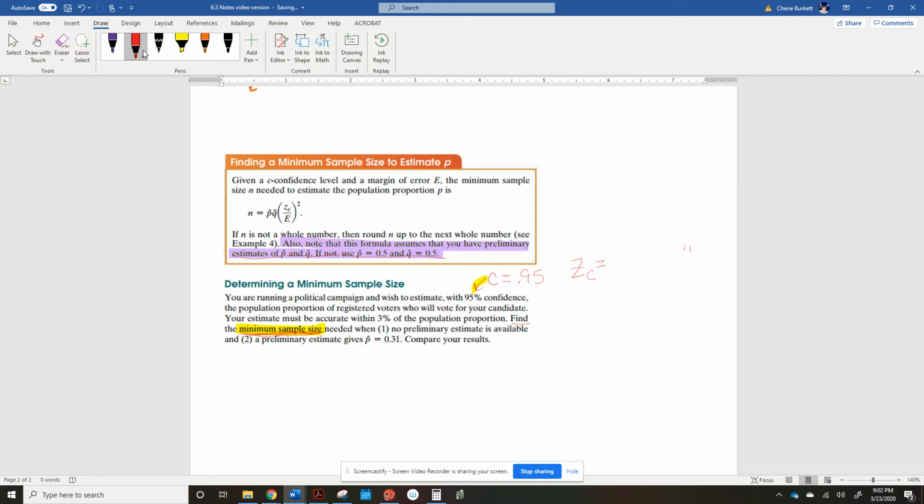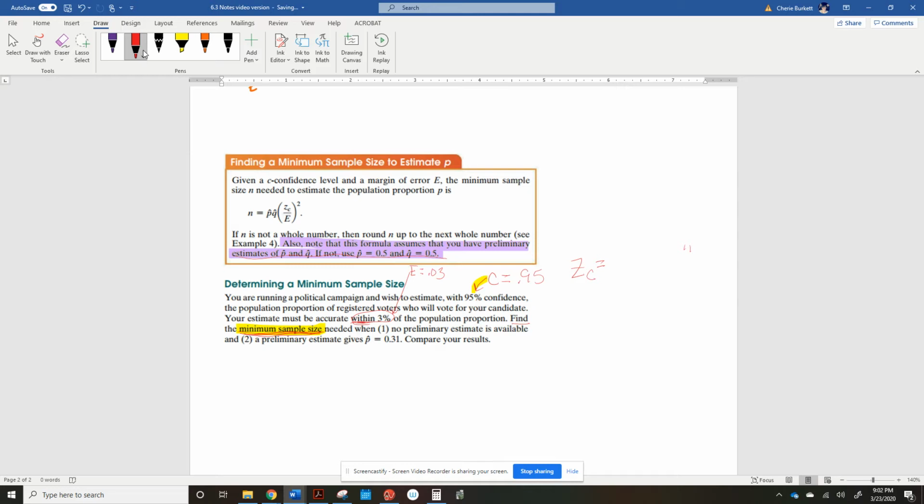Must be accurate within, there's that keyword right there, within 3%. That means this is my margin of error. My margin of error is 0.03. So they've given me that. And then it says find the minimum sample size needed. And here's the key: no preliminary estimate is available.